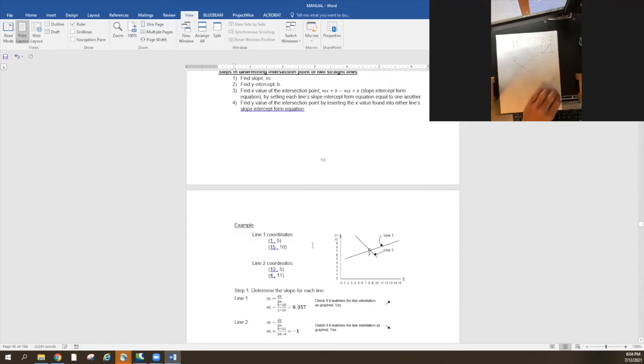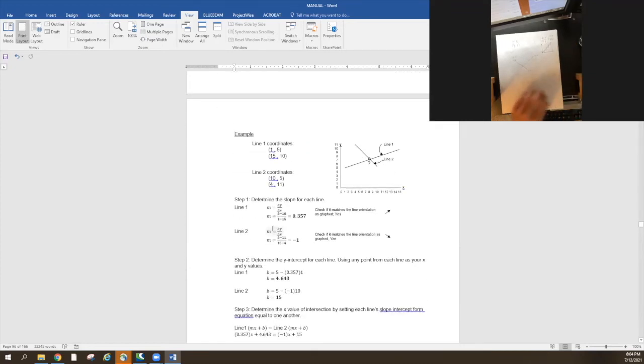So if I go back over here, I can figure out the slope for each one of these lines, okay? Let's take this line. It'll be the change in rise over the change in run, change in y over change in x. So for this line, if I go from 1, 5, I'm sorry, xy, to this xy.